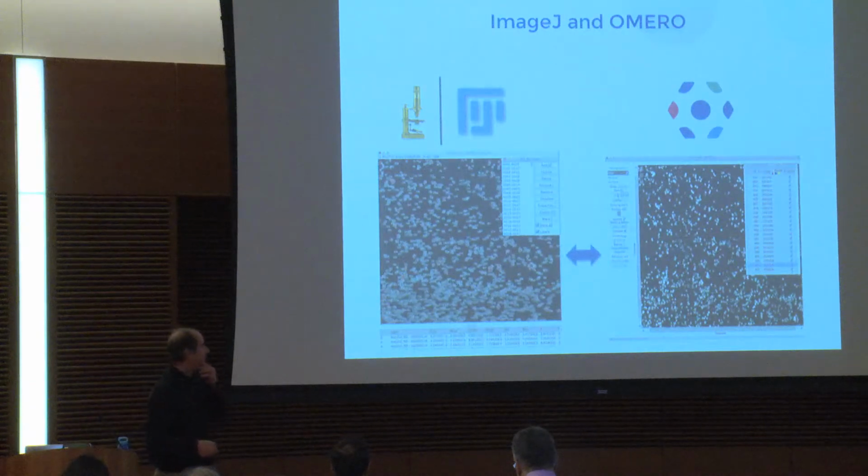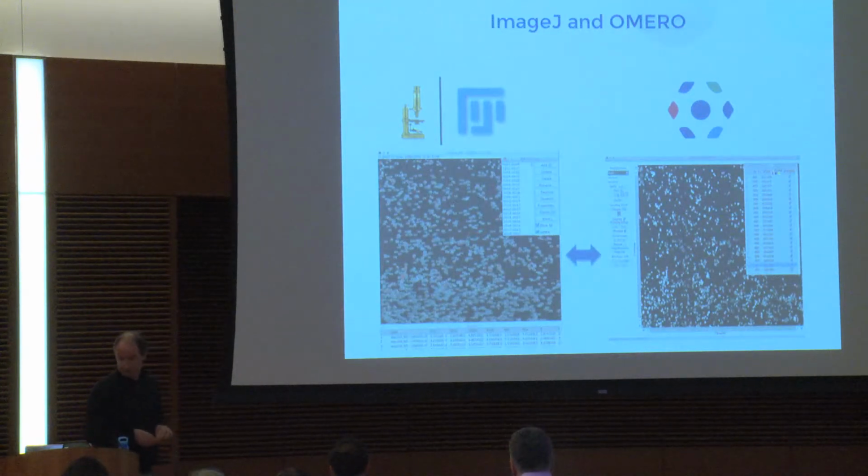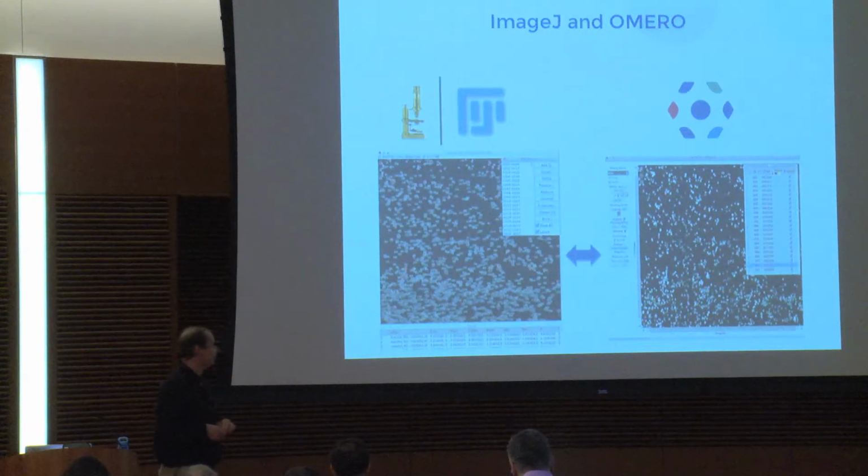How does OMERO interact with ImageJ? Some of you were yesterday at the workshop. Suppose I have here an image open in ImageJ on the left-hand side, and I use simple thresholding and the Analyze Particles function of ImageJ. This creates a fair amount of regions, let's say in the thousands, and the appropriate results table.